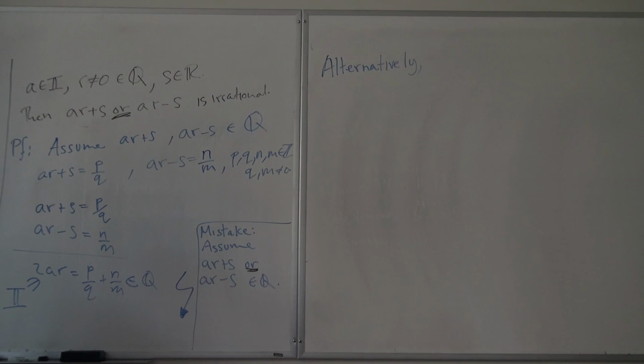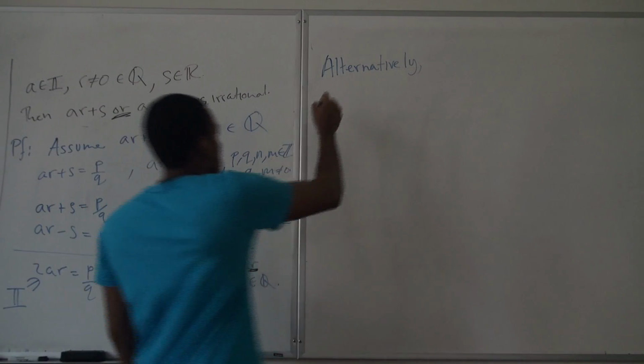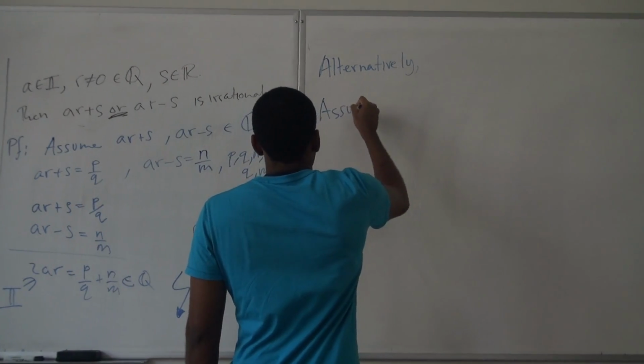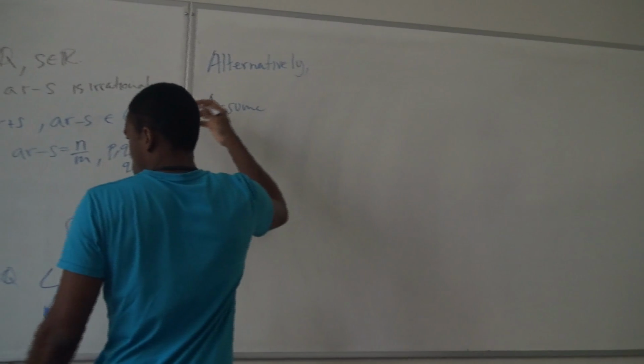What's another way to do this? Well, I think what I did was I assumed both were rational, and then I did two cases, if S is rational and S is irrational. Oh, you did, okay.